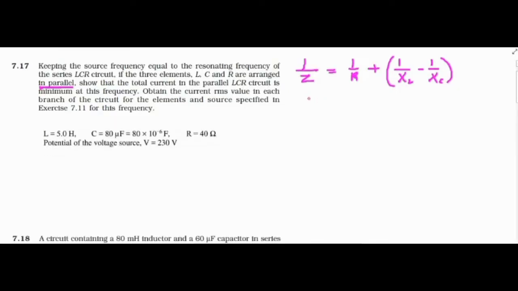We can take 1 by Z square, or 1 by Z is equal to under root 1 by R square plus 1 by XL minus 1 by XC, the whole square, into their product into cos theta. The cosine rule, etc., will apply.